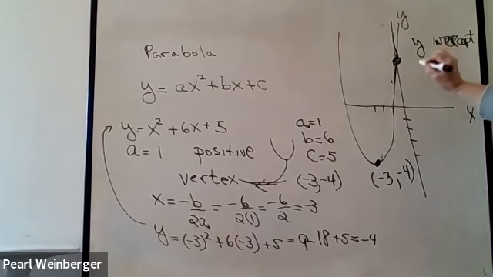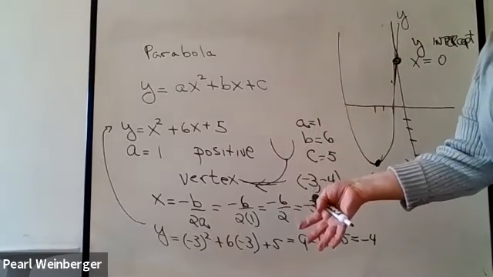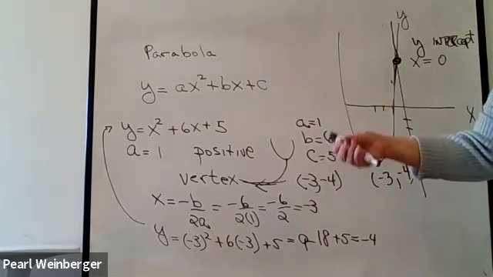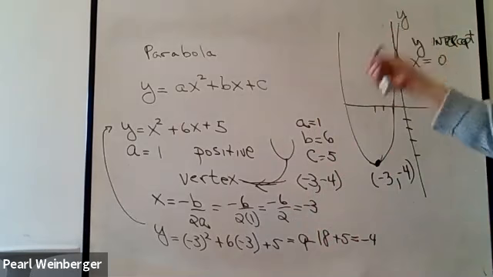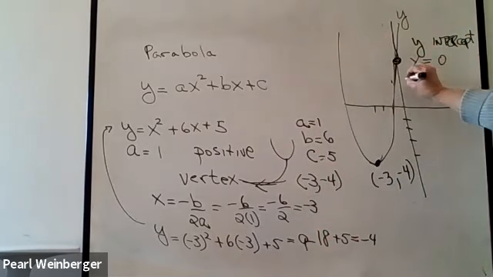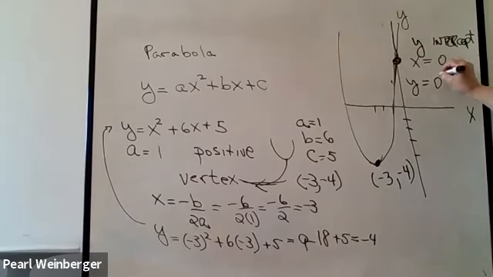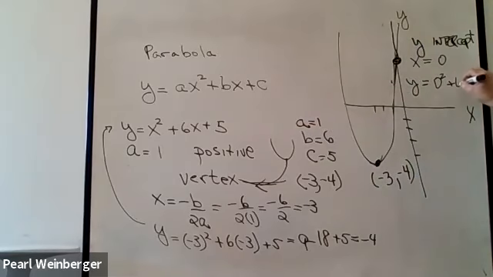And if you recall, the way you find a y-intercept is you let x equal 0. We did this when we first started graphing lines. If we wanted to find a y-intercept, we took our equation and we let x equal 0. Well, if I do that, I'm going to get 0 squared plus 6 times 0, plus 5.